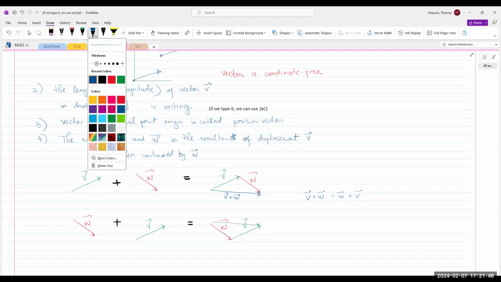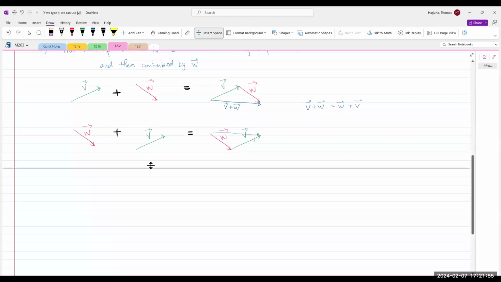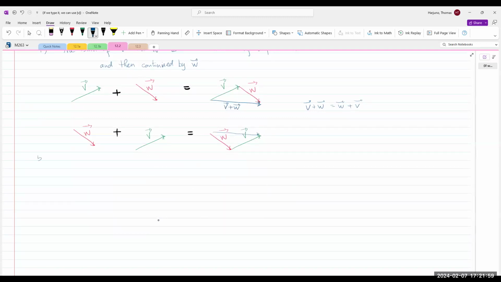Now, next, note number 5, scalar multiple of vector v, let's call that kv, is vector v being stretched or shrunk by a factor of k.